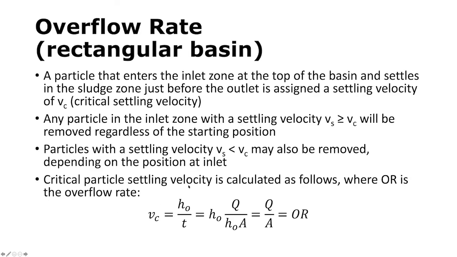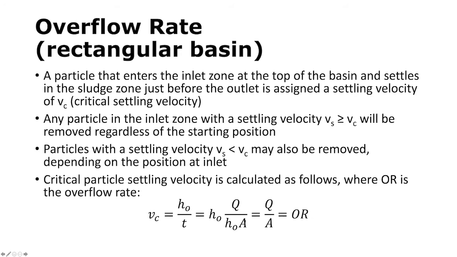All right, so the critical particle settling velocity is calculated as follows, where we have the maximum height at which that particle can come in, divided by the retention time, which is also equal to Q over A. And we can see how that works out, because if we substitute retention time for volume divided by flow rate, the flow rate goes in at the top here, and the volume comes in at the denominator, and the volume is equal to the height multiplied by the area.